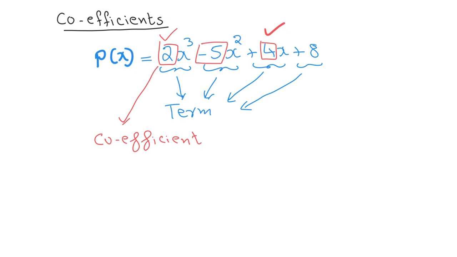Did you say 5? No, it's minus 5, along with the sign. Understand what coefficients are? What is a term in the polynomial? With this understanding, now let us see the different ways of classifying polynomials based upon their number of terms.